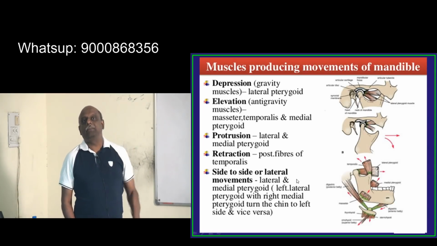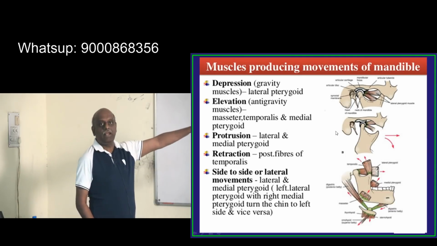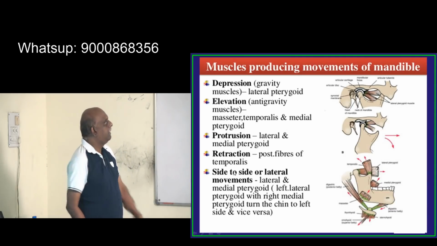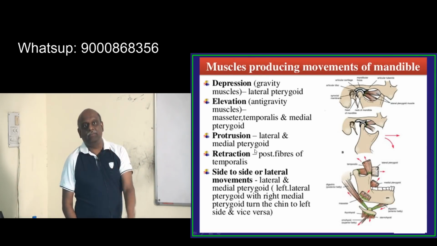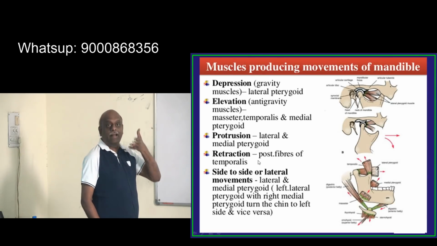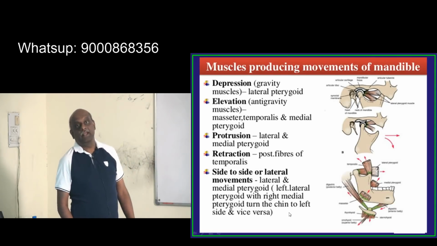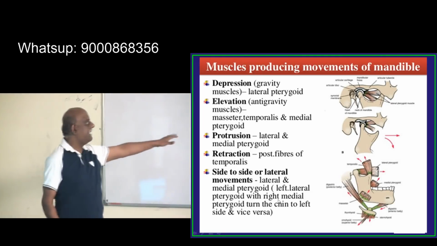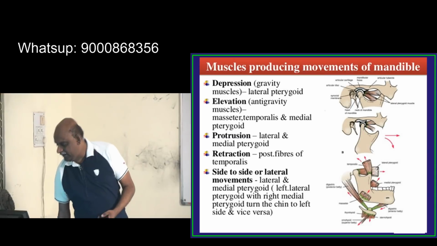Elevation of the mandible and closure of the mouth, you need masseter, temporalis and medial pterygoid. And protrusion of the mandible, you require both lateral and medial pterygoid. And retraction is because of the posterior fibers of temporalis. And side to side movement, it is once more the lateral and the medial pterygoid that you have to fundamentally remember.